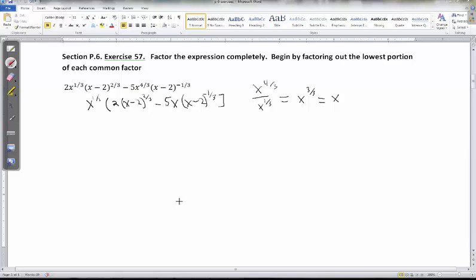I'm actually going to use square brackets here. Since I have two levels of parentheses, it's easier to see where one starts and the other begins if you use square brackets for one set of parentheses and parentheses for the other. Now I'm going to pull out the x minus 2.